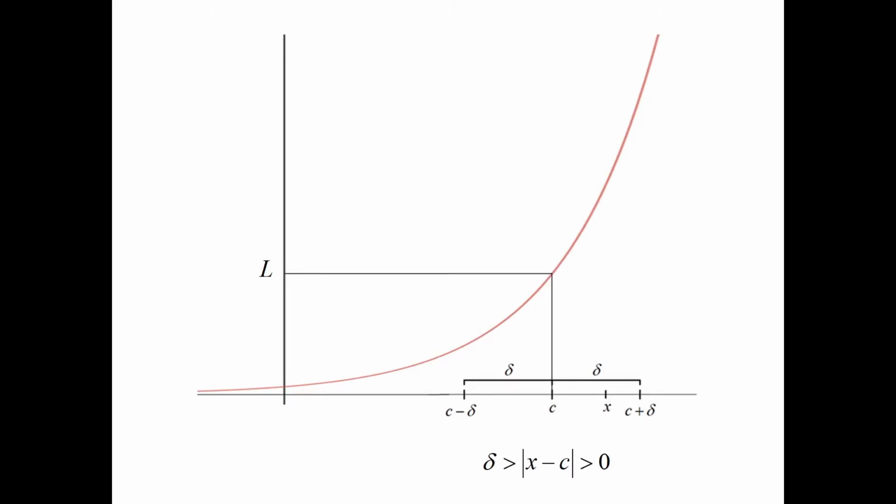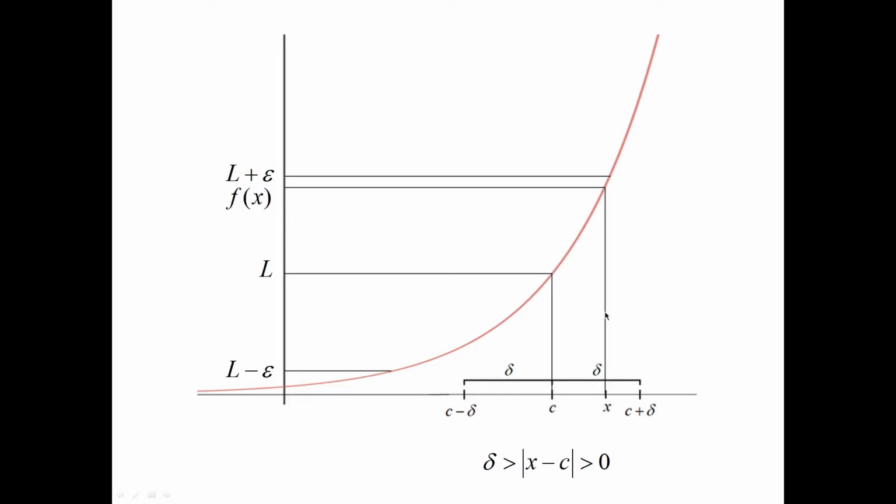And now we're going to create a centered interval about L. And so there we go. There is a centered interval about L. It can go epsilon up and epsilon down. So let's go over to where our x value is, and we'll draw a line up to the function and over, and there is the function output on that line.